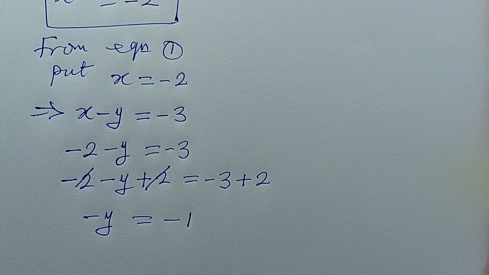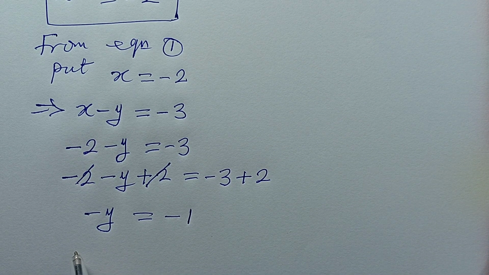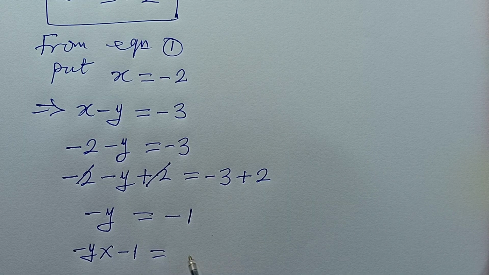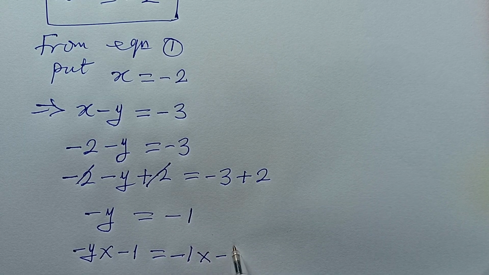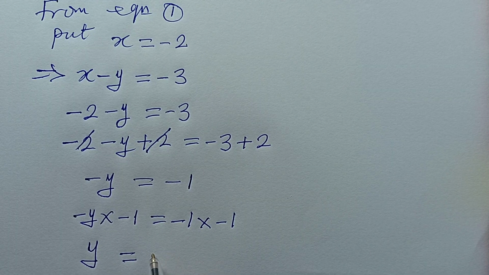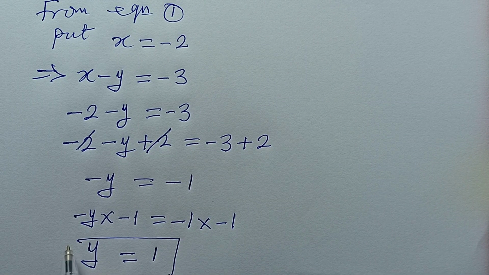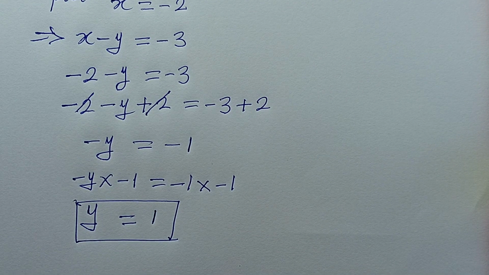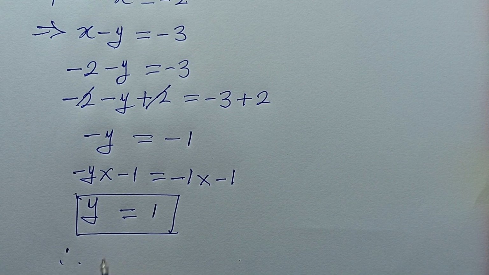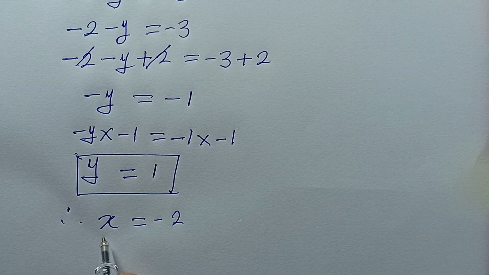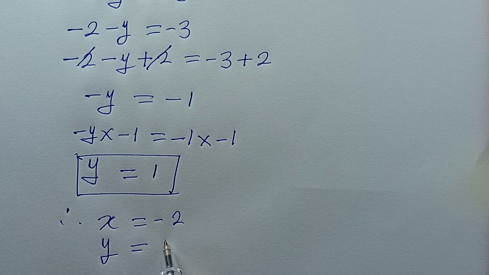We either divide by minus 1 or multiply both sides by minus 1, so minus y times minus 1 is equal to minus 1 times minus 1. This gives us positive y is equal to positive 1. This is the value for y. Therefore, x is equal to minus 2 and y is equal to positive 1.